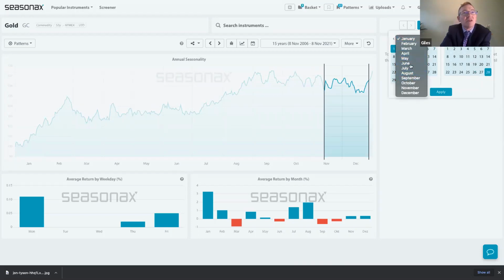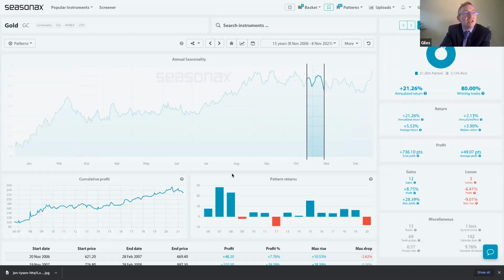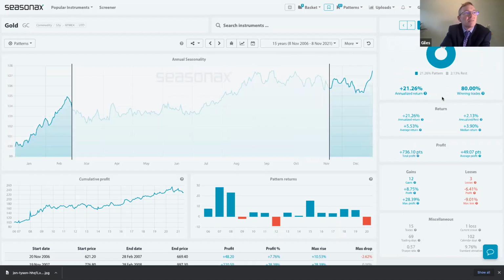Let's do it from the middle of November-ish, right? What you see is, oh, sorry about this. Do you see here how gold prices disproportionately rise?